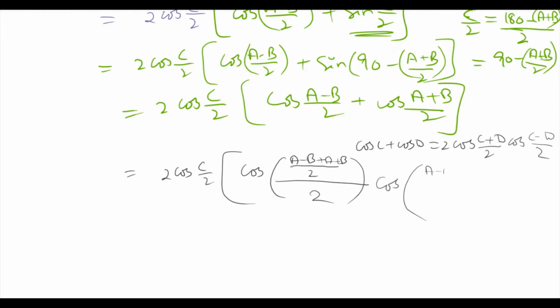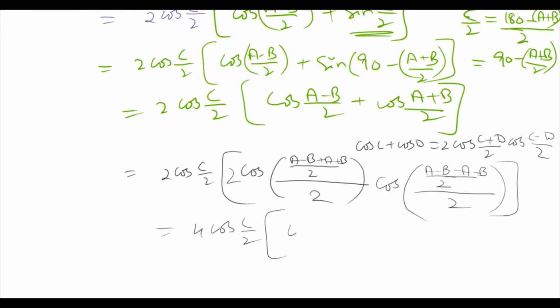C is (A minus B)/2 and minus D is minus (A plus B)/2. So this is 4 cos C/2 into cos of, B gets cancelled, A plus A is 2A by 2 which is A, so overall I get cos A/2 into cos of, minus A plus A gets cancelled, I get minus B/2.